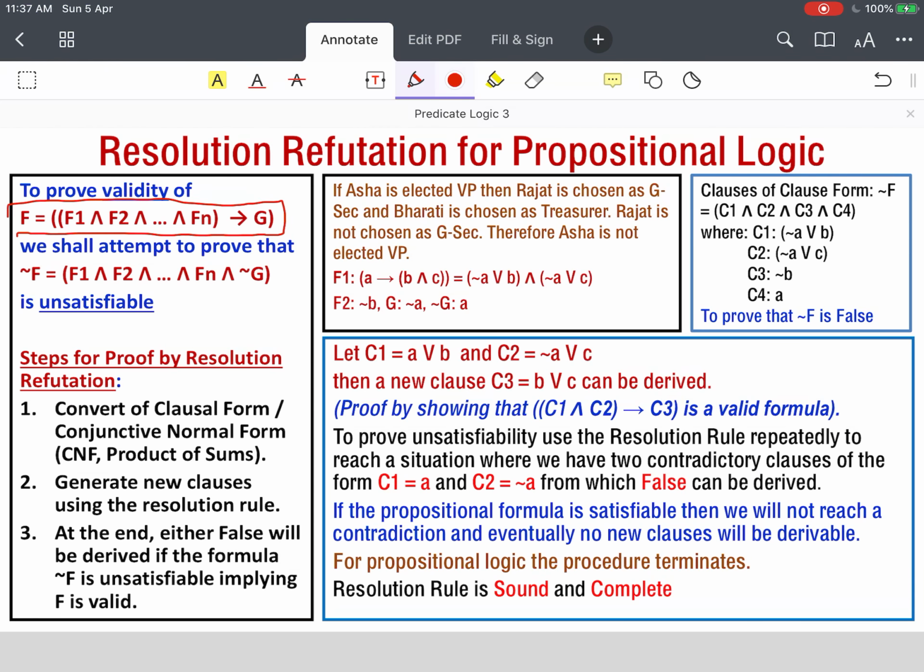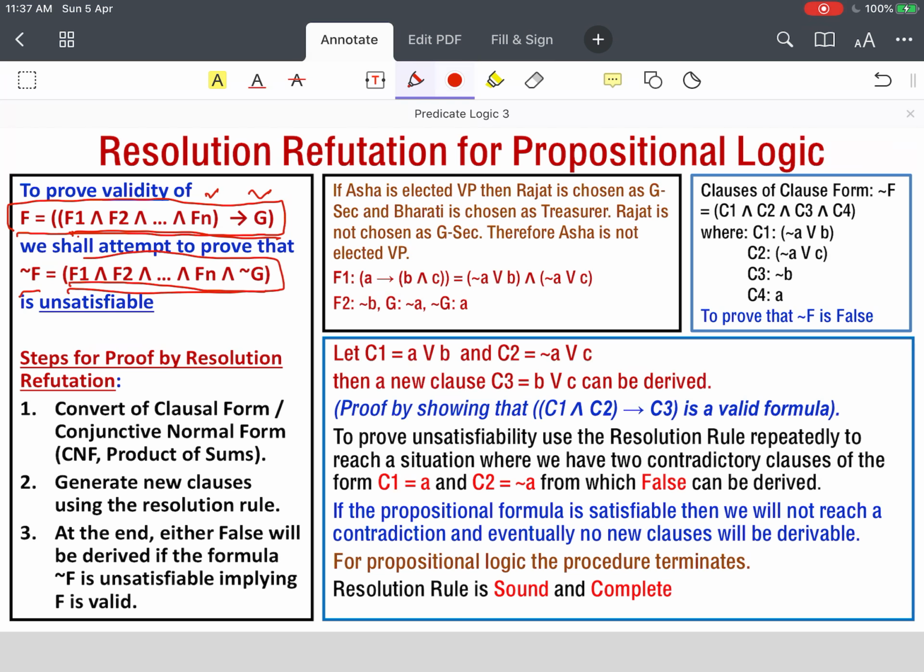The objective of resolution refutation is that we want to prove the validity of a formula F1 and F2 and so on and so forth implies goal. This is our inferencing formula. We will take the negation of that formula. If you simply apply the rules, this will become not A or B, and if you take the negation on both sides, you will get this.